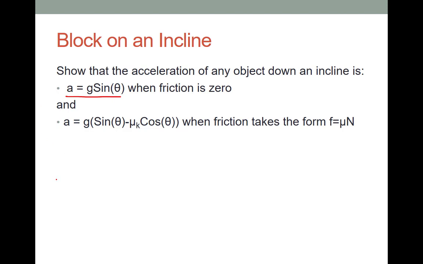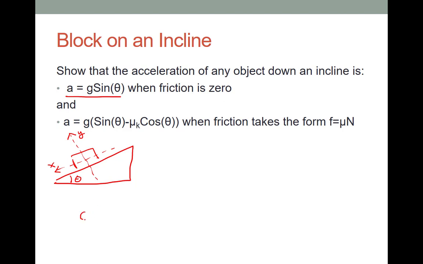As before, we're going to have our incline. Here is our object. The angle theta is with respect to the horizontal. As we did in Part 1, we're going to cant our coordinate system so that x points down the incline and y points perpendicular to it.